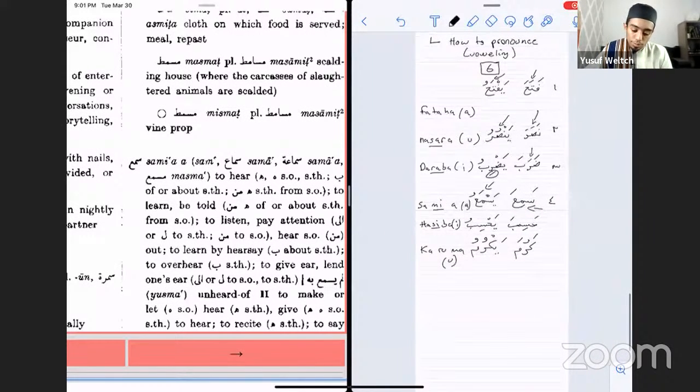All of form 1 is going to fall on one of these 6 patterns. However, you'll notice that they all match in one thing: they have no extra letters, there are only 3 letters whatsoever. The only difference is in how they're pronounced and the voweling of the middle letter in either the past or the present. But this is crucial in order to be able to use the dictionary and to say words properly.